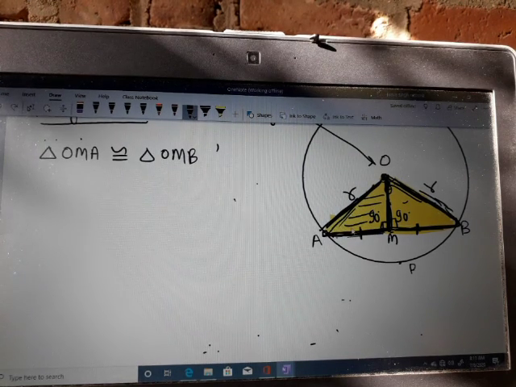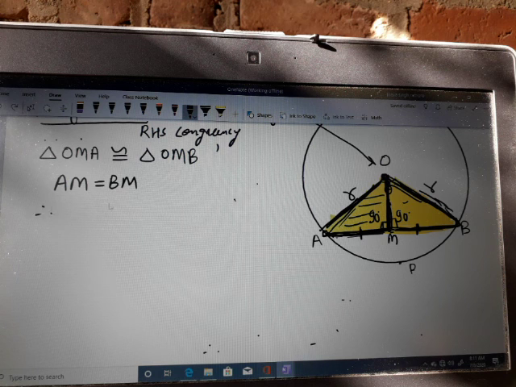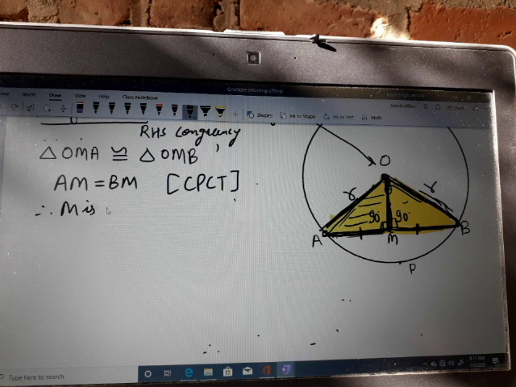First of all, you made these two triangles congruent by RHS congruency. After that step, you see AM equals BM. Therefore, by CPCT, congruent parts of congruent triangles, M is the midpoint of AB.